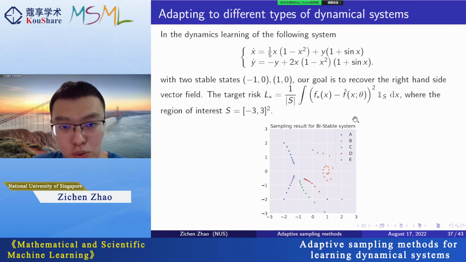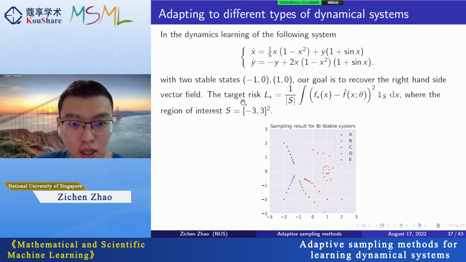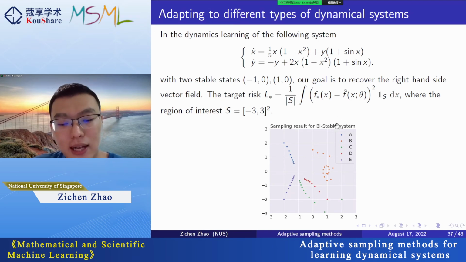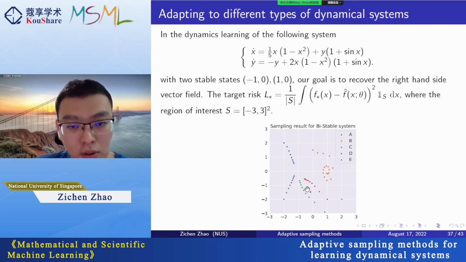So algorithm 3 is applied here, and the target measure mu star is selected as the uniform distribution over the region of interest S. And we can see since the trajectory converges much faster to the left stable state, the trajectory stops earlier for this one.